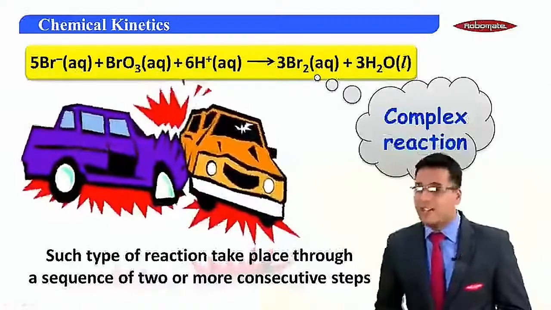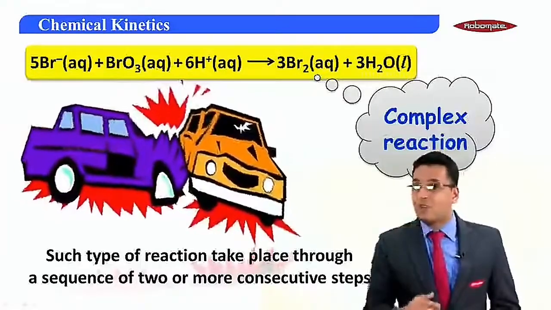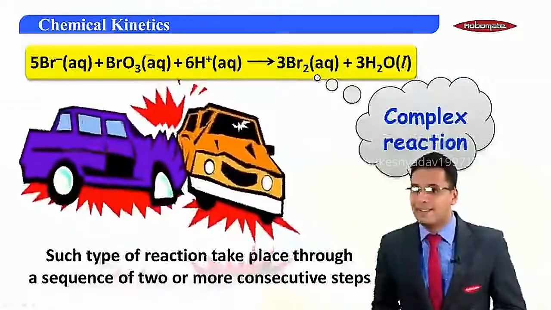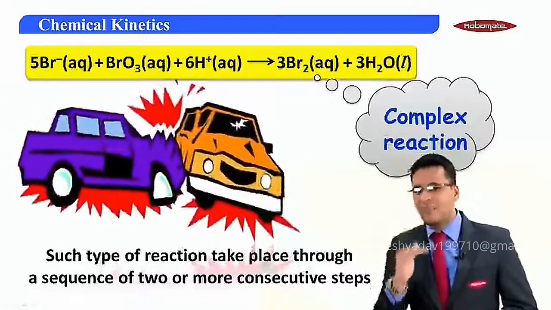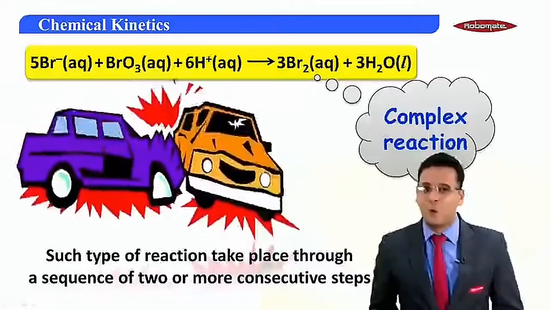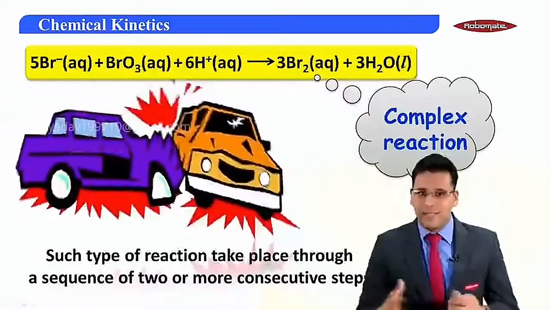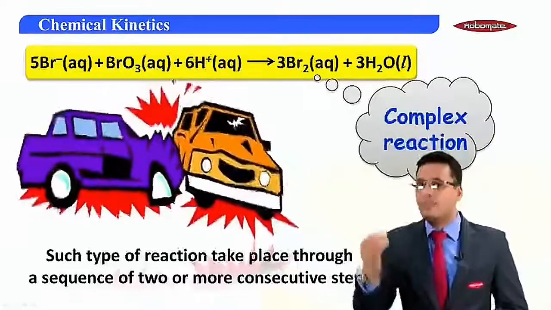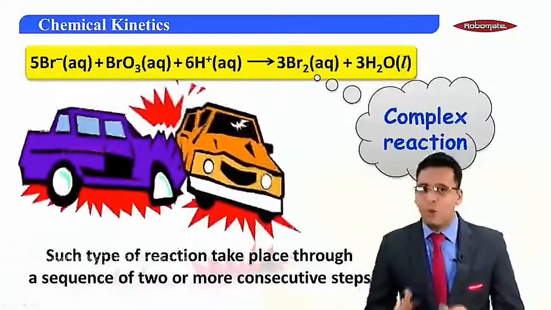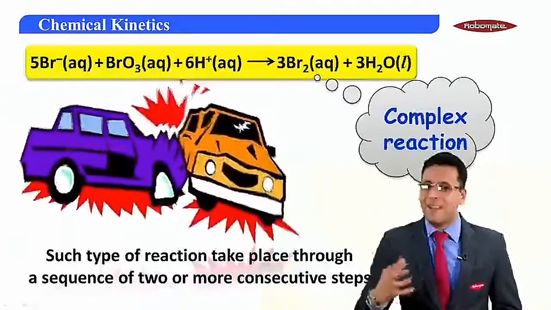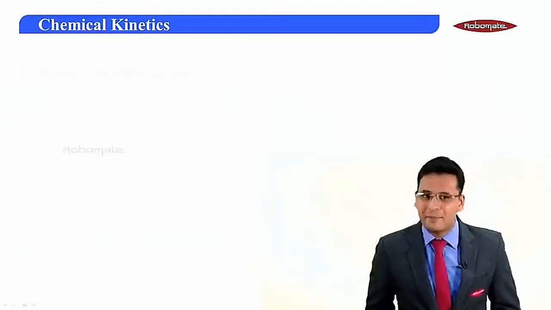Such reactions take place in a series of steps, so these 12 particles don't collide simultaneously. Every single step will have its own value of molecularity. So this is the thing, when molecularity is more than 3, more often than not, it is a complex reaction. It takes place in multiple steps.